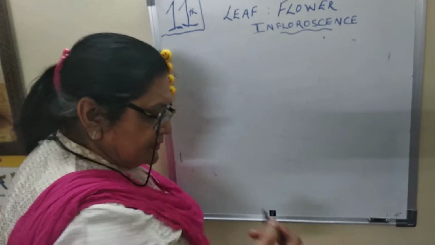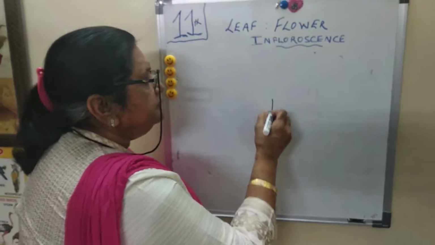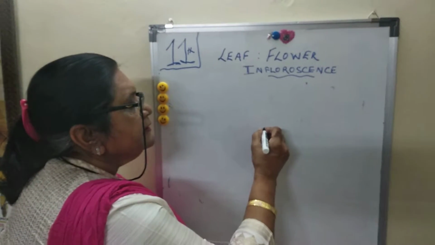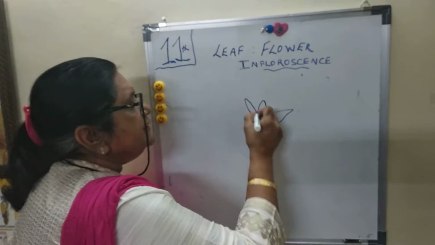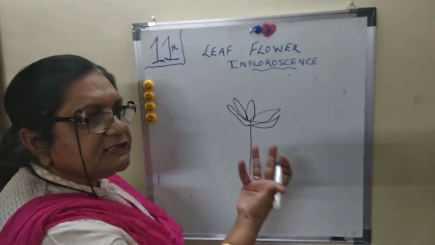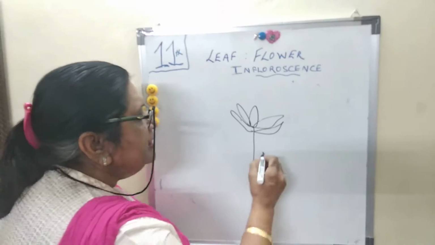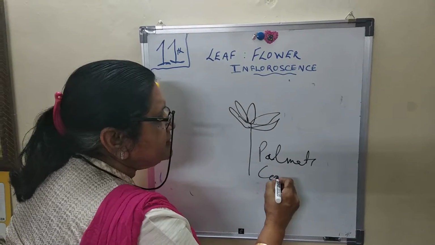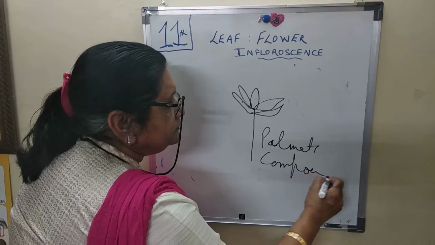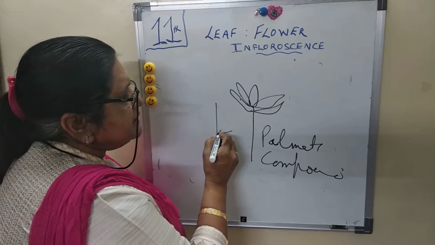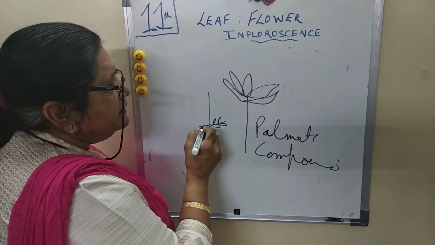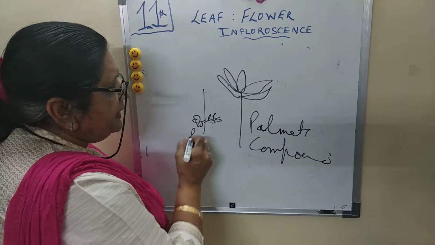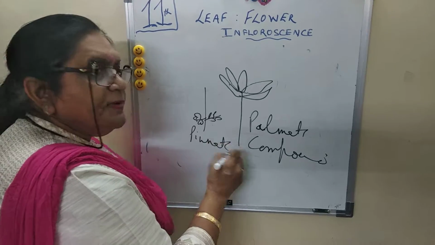Next comes this simple or compound leaf. If the leaflets are like this and form a palm-like structure, then it is called a palmate compound leaf. When they are present like this, then it is called a pinnate compound leaf.